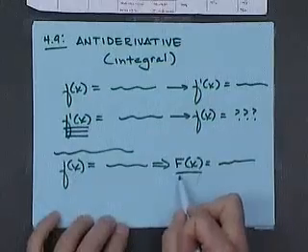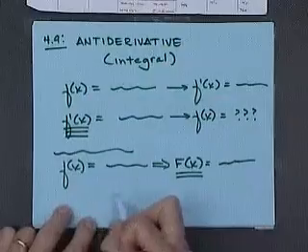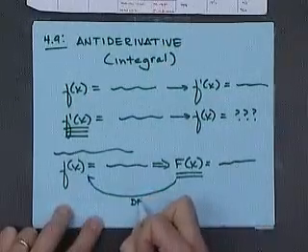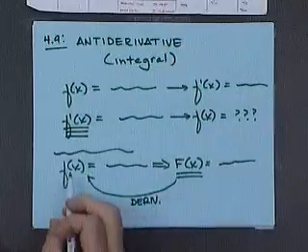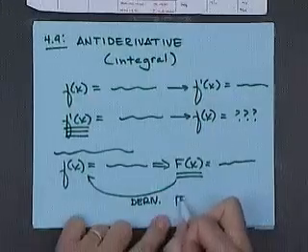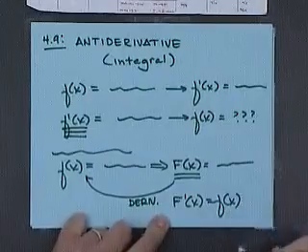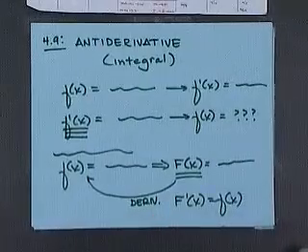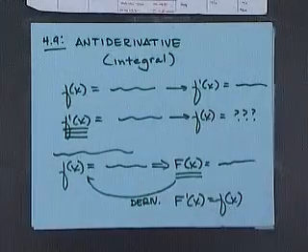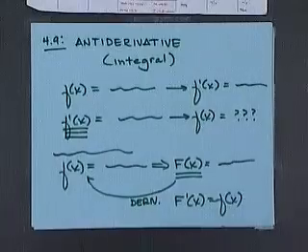So if you take the derivative of capital F of x, you would be back to the lowercase f of x that we were given to start the problem. So capital F of x is just these authors' notation for an antiderivative.